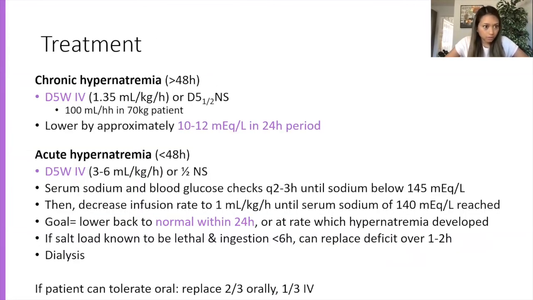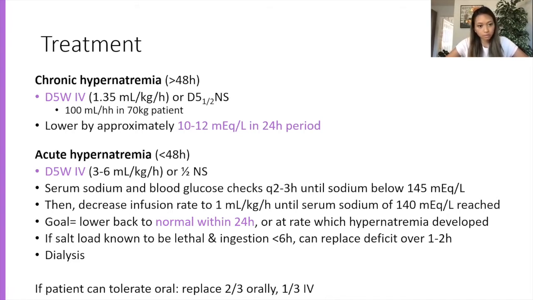So chronic hypernatremia. This is if it's greater than 48 hours, you give them 5% dextrose in water, 1.35 mLs per kg per hour. In a 70 kilogram patient, that's 100 mLs, which is a nice number that you can memorize. Lower it by approximately 10 to 12 in a 24-hour period. In acute hypernatremia, under 48 hours, again 5% dextrose, which is 3 to 6 mLs per kg per hour.